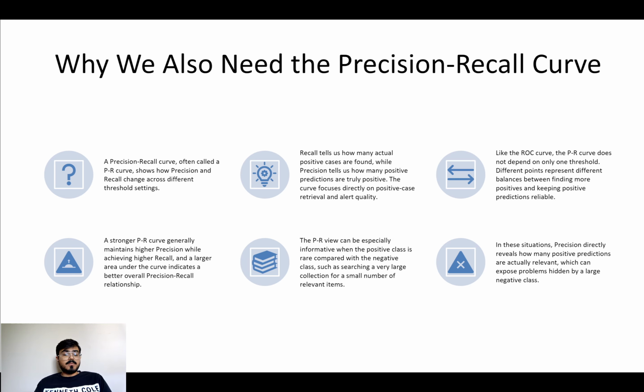Precision may improve because the fraud alerts become more reliable, but recall may decrease because some real fraud cases are missed. The graph becomes especially useful when the positive cases are rare, such as fraud detection, disease diagnosis, or identifying network attacks. In these situations, we often care much more about how well the model finds positive cases than a simple measure of overall performance.